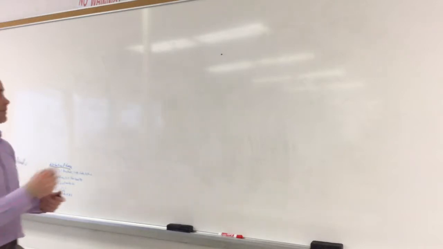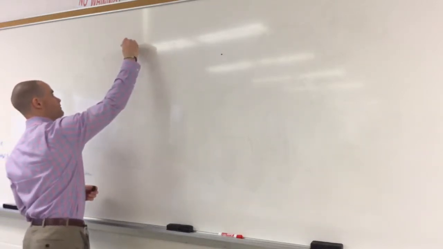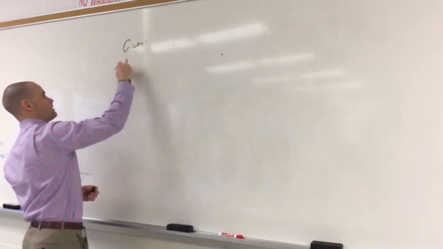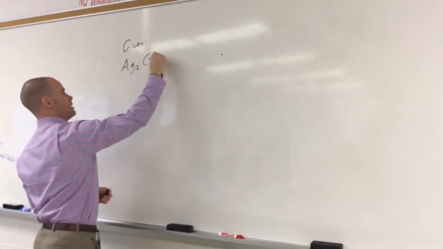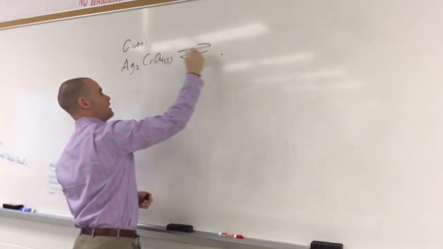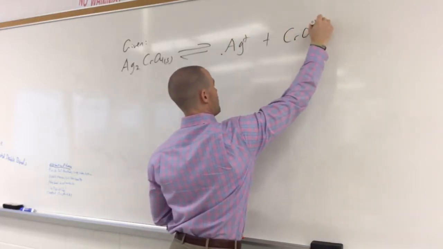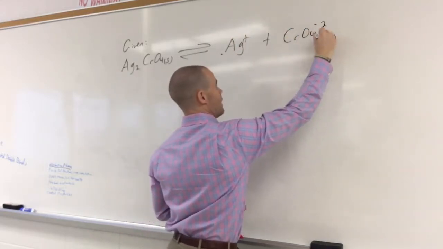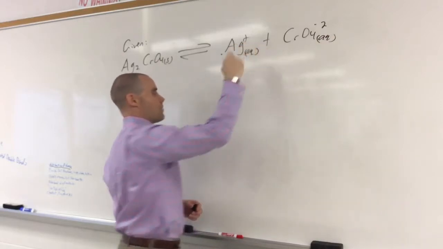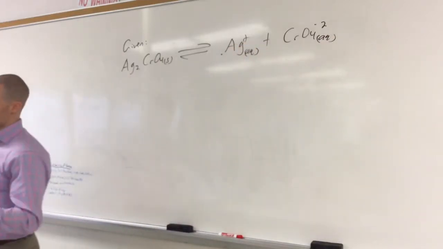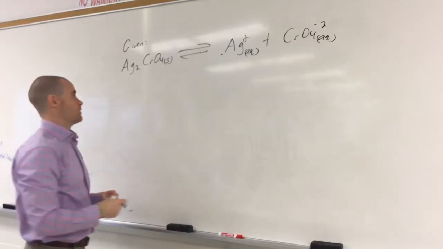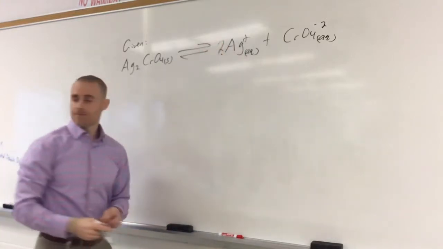So I'm just going to write that. Ag2CrO4 solid in equilibrium with Ag plus and CrO4 2 minus. Now, I'll label aq this time, but I'm probably going to stop labeling that. You need to know it's aqueous. Just throwing that out there. We need 2 Ag plus.